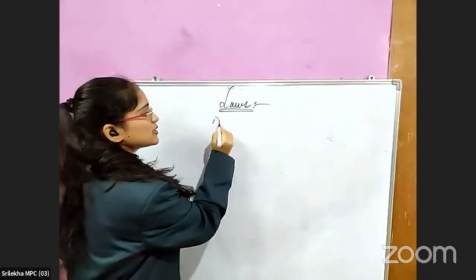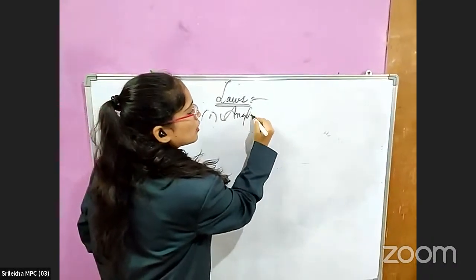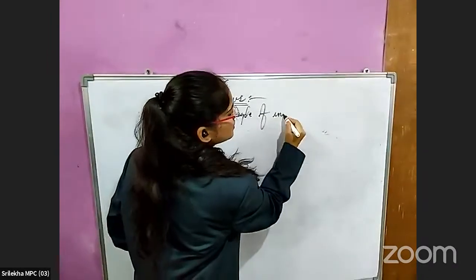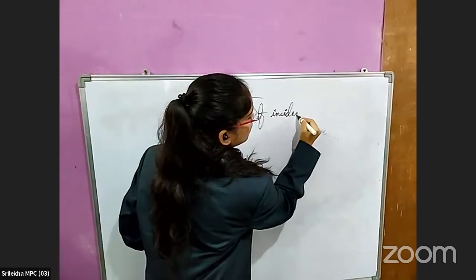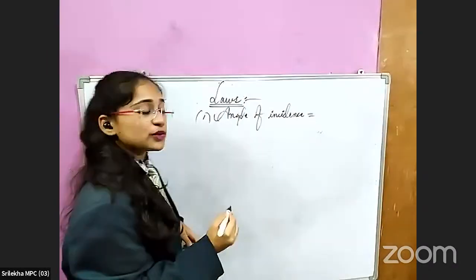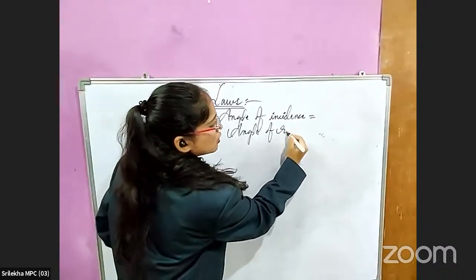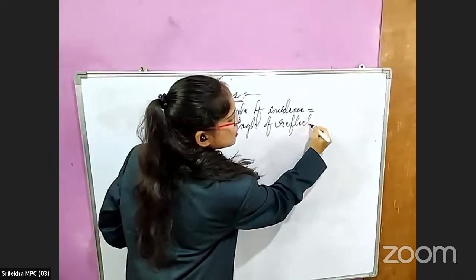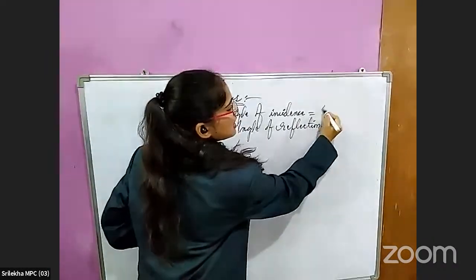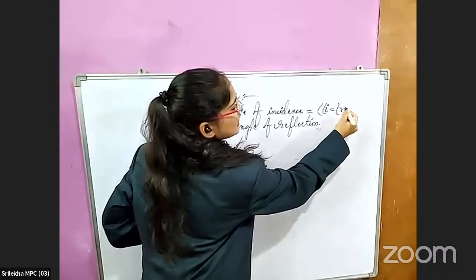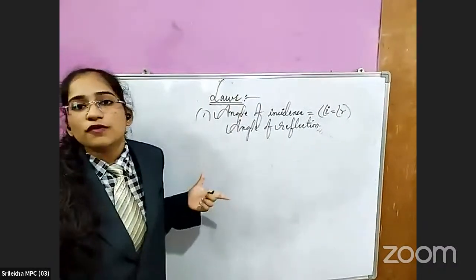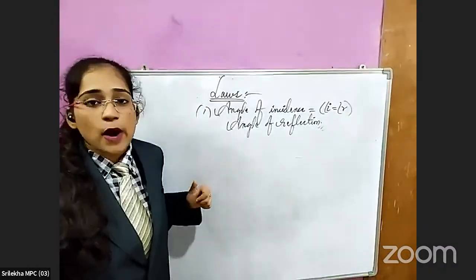The first law is angle of incidence is equal to angle of reflection. Yes, angle I is equal to angle R. This is the first law of reflection, and this is very important.